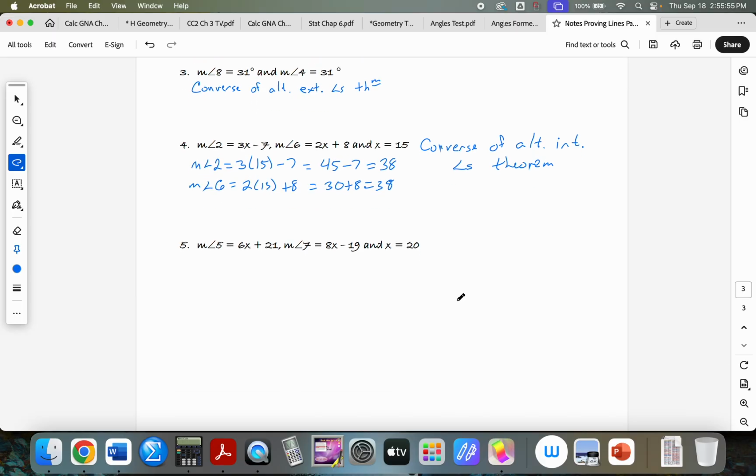All right, let's do the same thing for this one. Angle 5 and angle 7. So the measure of angle 5 will be equal to 6 times 20 plus 21. Let's see, that's 120 plus 21 is 141.